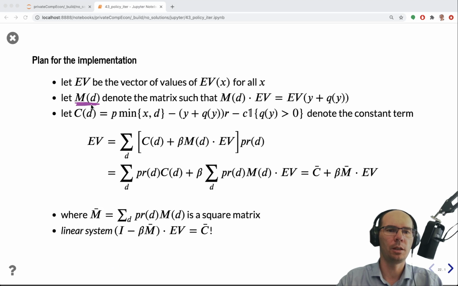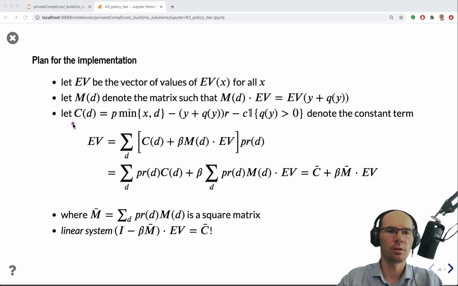Now, denote this M of D, the matrix that we just constructed in the example. So this is the matrix such that when multiplied by the vector EV it gives us the needed EV of y plus q of y.